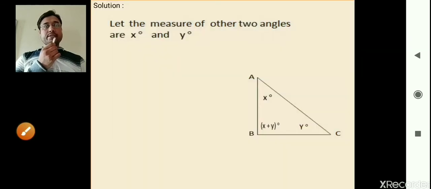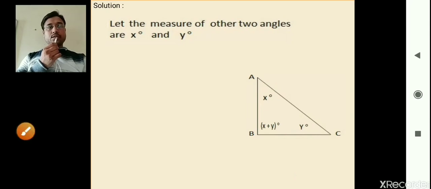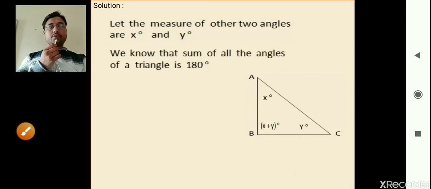Then we can solve like this. Let the measurements of the other two angles be x and y that we have taken. Angle A is x and angle C is y. Then according to the question, angle B is x plus y, the sum of the other two angles. Then we know that the sum of all the angles of a triangle is 180 degrees.